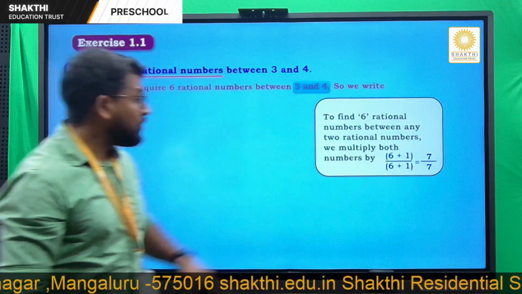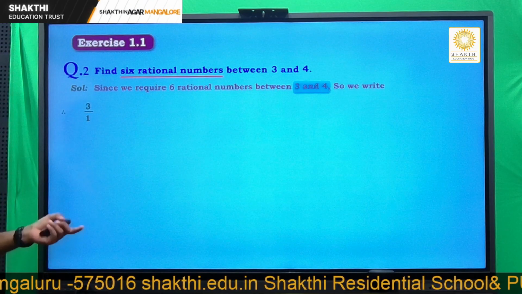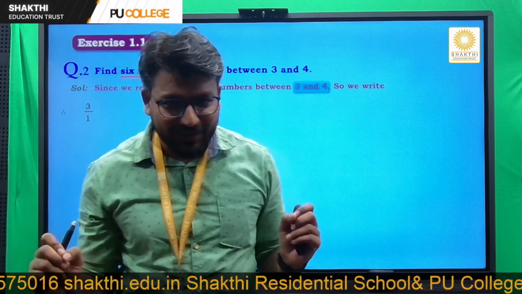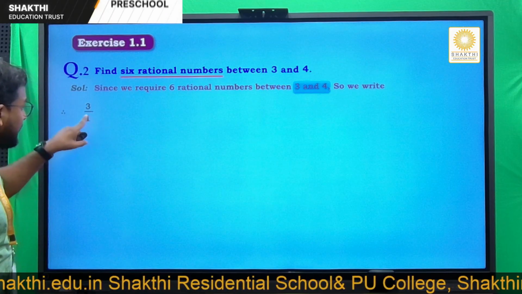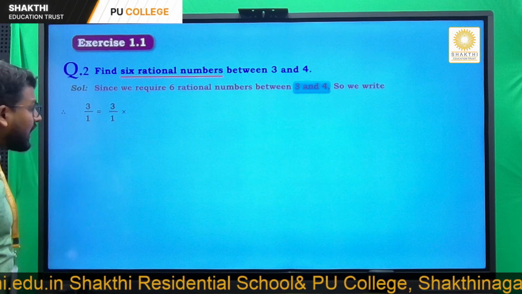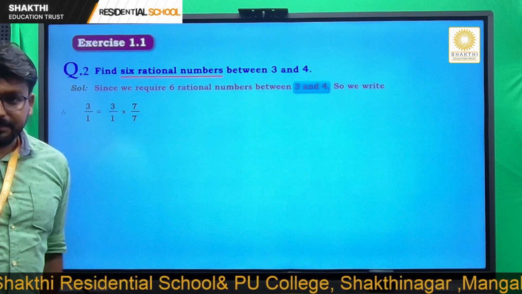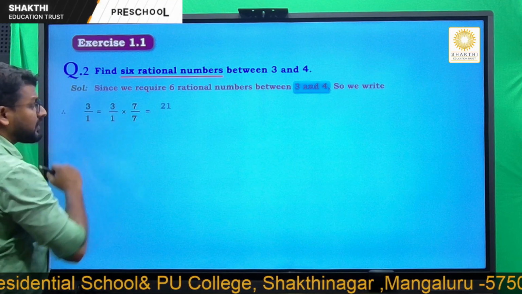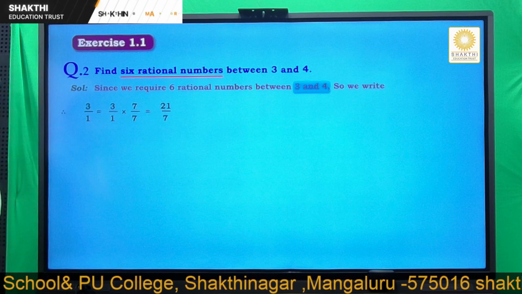So what I'm going to do is, I'll take the number 3 and I can write 3 as 3 by 1. Just now we got to know that. Yes or no? Yes. So 3 is 3 by 1, and for this 3 by 1, I'll multiply 7 and divide by 7. So now you can see that 3 into 7 is 21, and 1 into 7 is again 7.